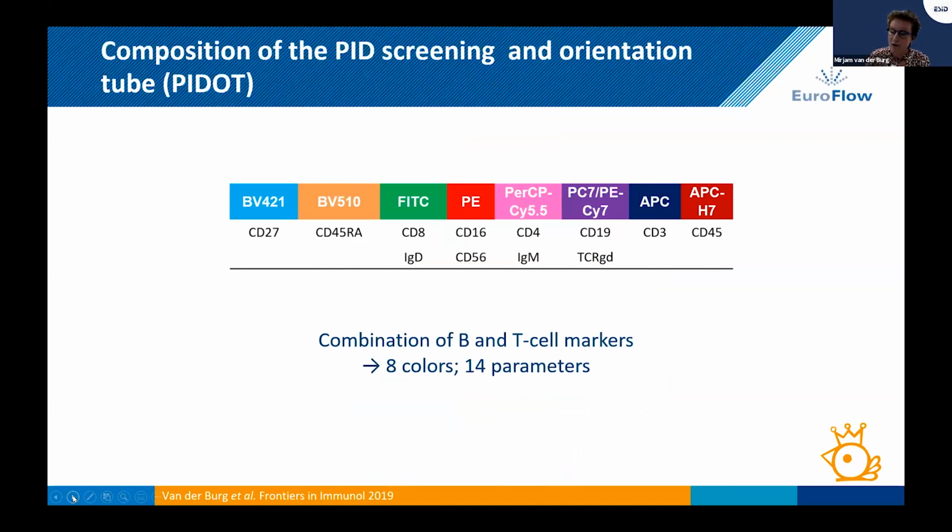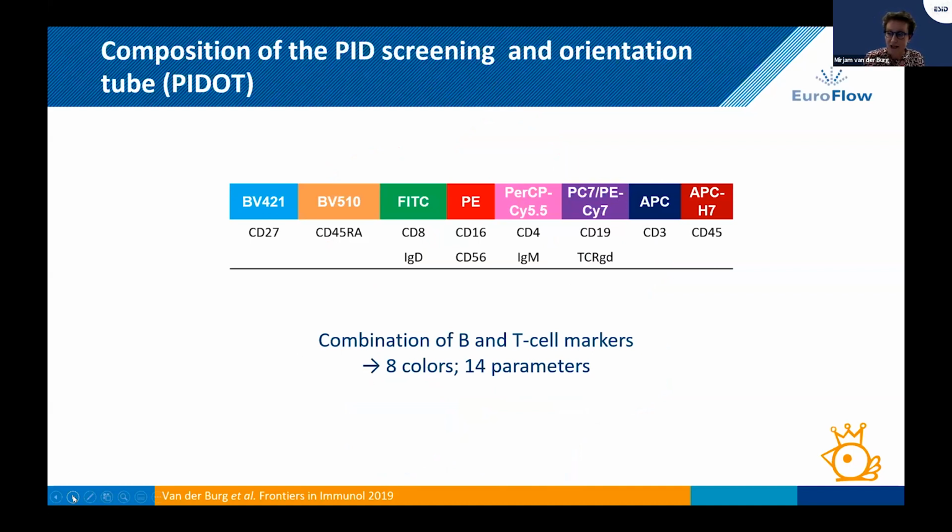With the Euroflow Consortium on PID, a European consortium, we developed over the years several tubes that allow the analysis of the lymphocyte subsets, especially in patients with inborn errors of immunity. We composed it as an orientation or screening tube.